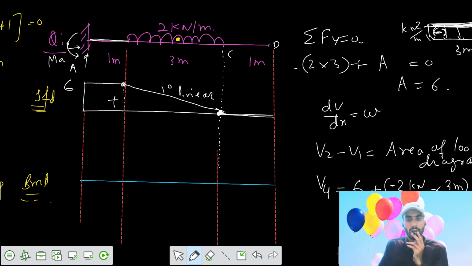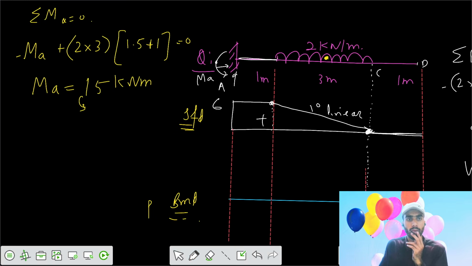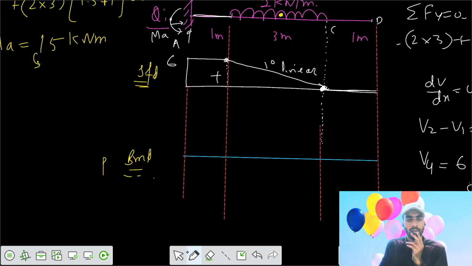See, we got the value of bending moment at A equals minus 15 kilonewton meter, and we want to calculate the bending moment value at 1 meter from A. We can say the moment at 1 meter from A equals the bending moment at A. We can write it in terms of dM equals the area of SFD.